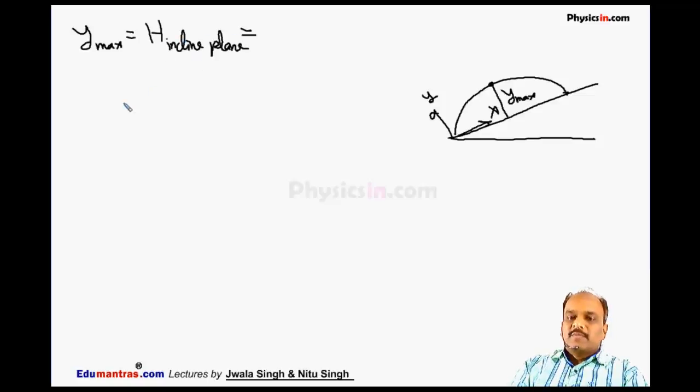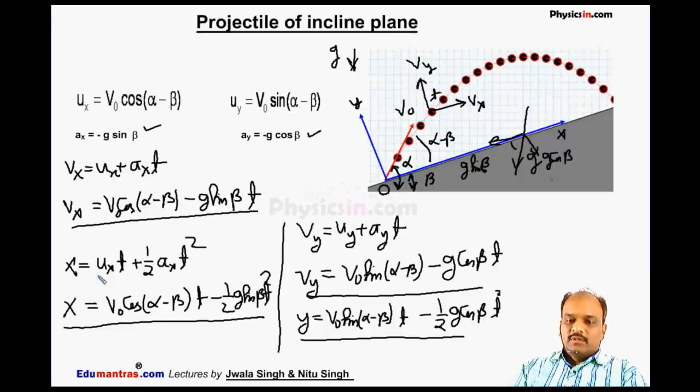This y max can be calculated by first finding the time when the particle is at this point. Let this time be t1. At this instant, Vy becomes 0. So I can write Vy equals 0 at y max. From here, t is t1.